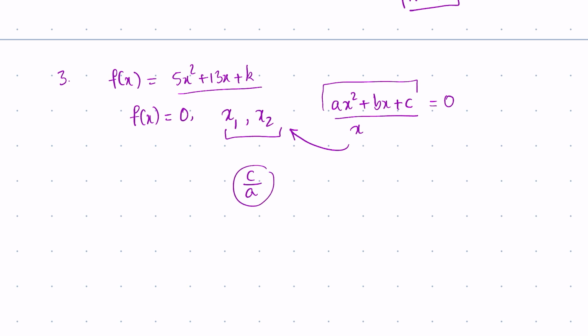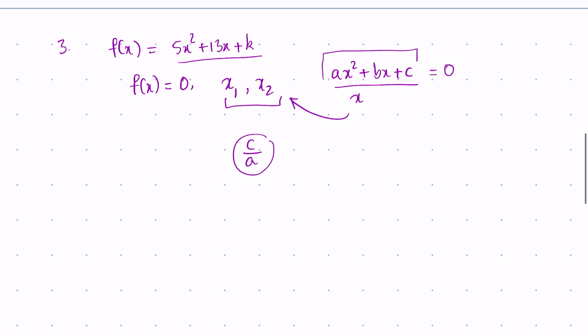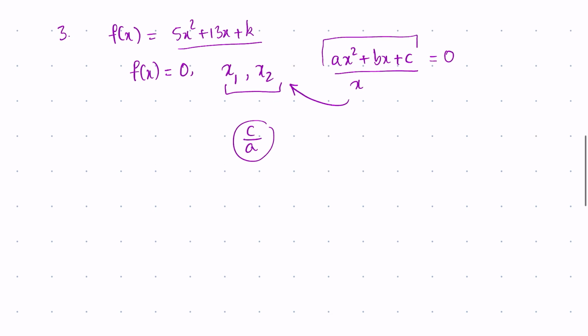So if you divide this equation throughout by a, in this case a is just the coefficient of x squared. So if you divide f of x by 5, what do we get? We get 5x squared divided by 5 plus 13x divided by 5 plus k by 5, right?